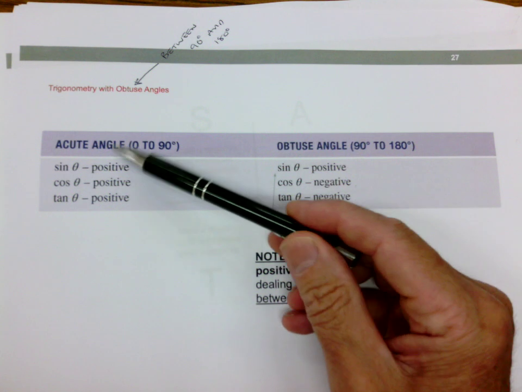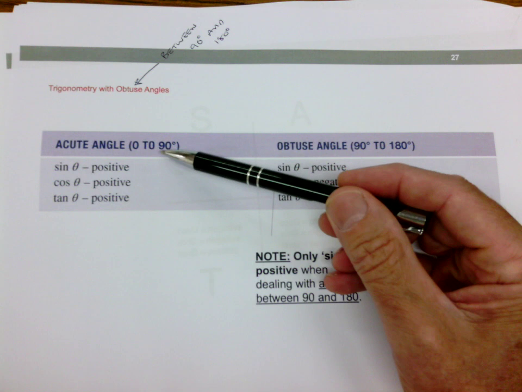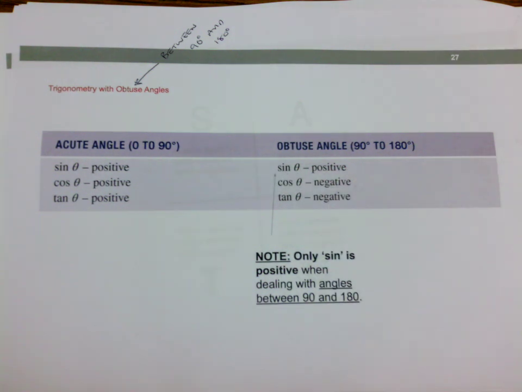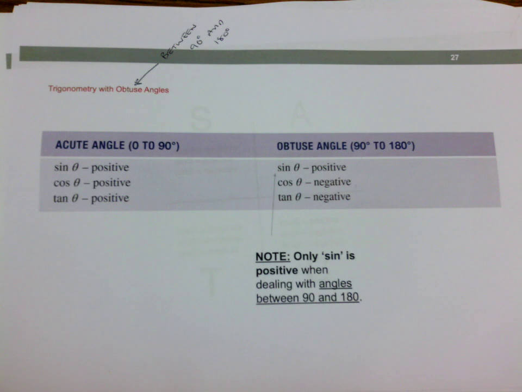And let's talk first about acute angles, which are 0 to 90. Grab your calculator. Let's pick an angle between 0 and 90. How about 50? Do this with me. Find the sine of 50. Do you notice it's 0.766, right? But it's a positive number there, isn't it? Positive number. Okay.